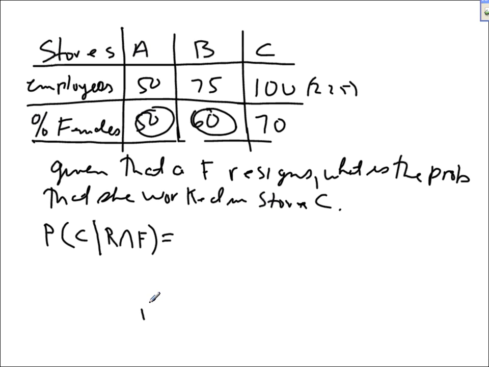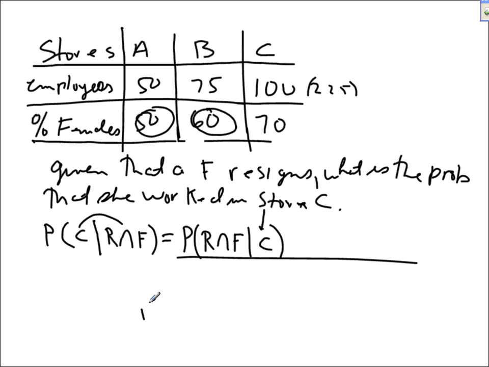Okay, so we reverse these. Try to do it without reversing it. The part that comes after the "given that" is the store the person worked in. So I keep the front part the same in the bottom, but I change the store.